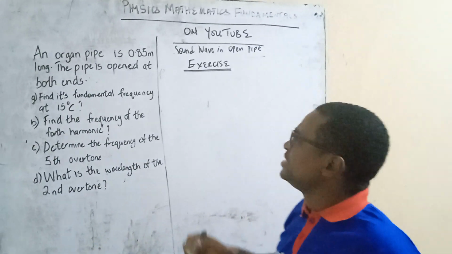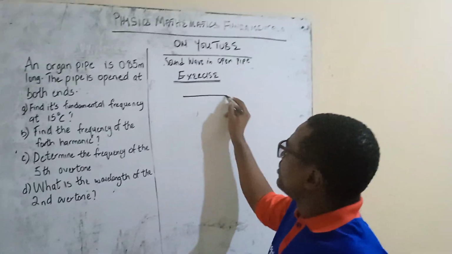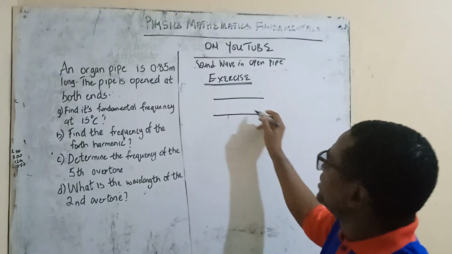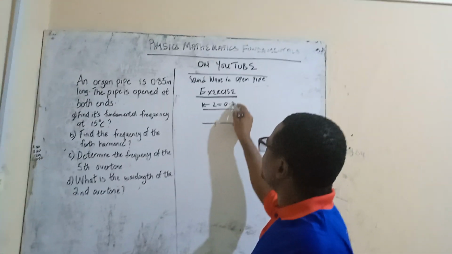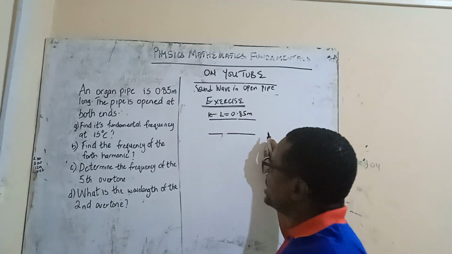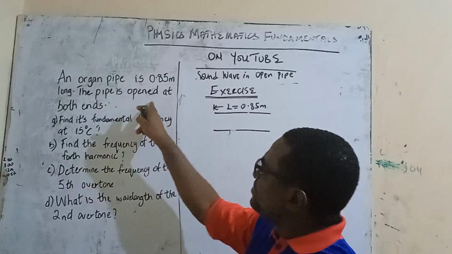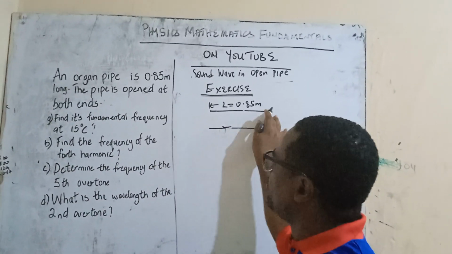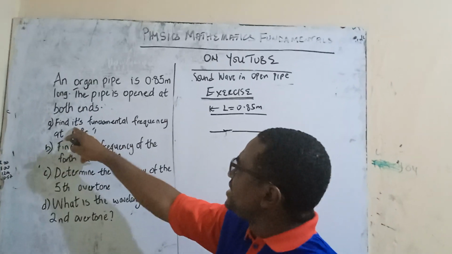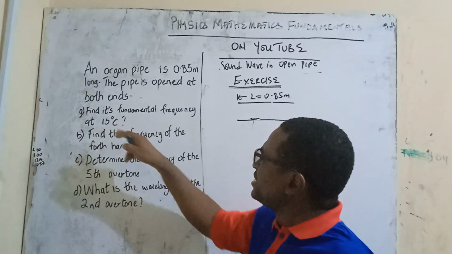Now let's start. Because the organ is open at both ends, the length of that organ, L, is given as 0.85 meter. Now the pipe is open at both ends. These are the ends where the pipe is open. Now they said find its fundamental frequency at 15 degrees Celsius.